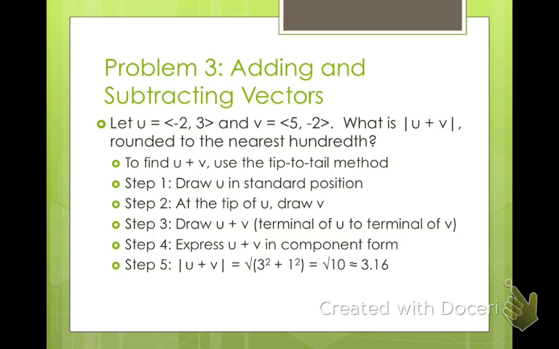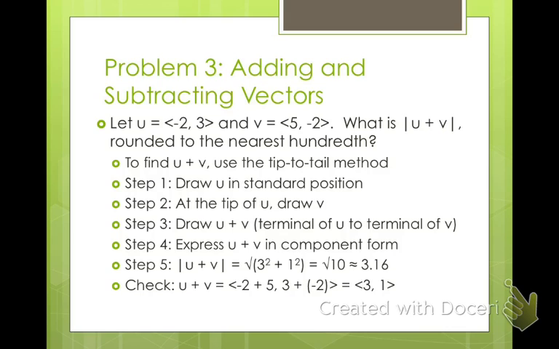Now we're going to use that point (3, 1), and we're going to add the squares of both of those together and take the square root of that. So it's kind of weird. So we look at where u plus v ended, add the squares of the points, and then square root those. So you get 3.16.